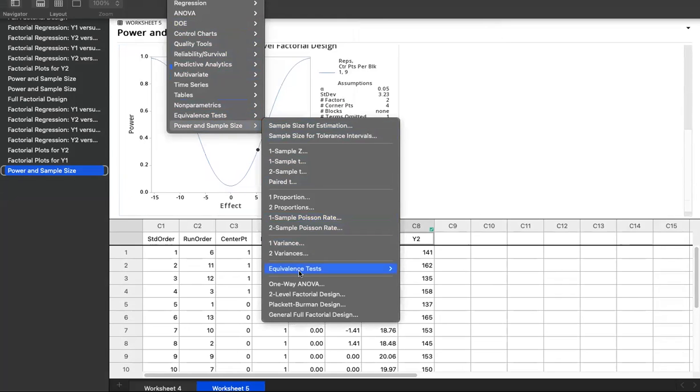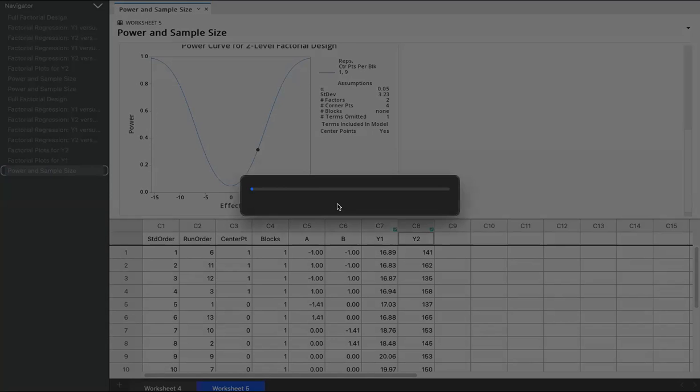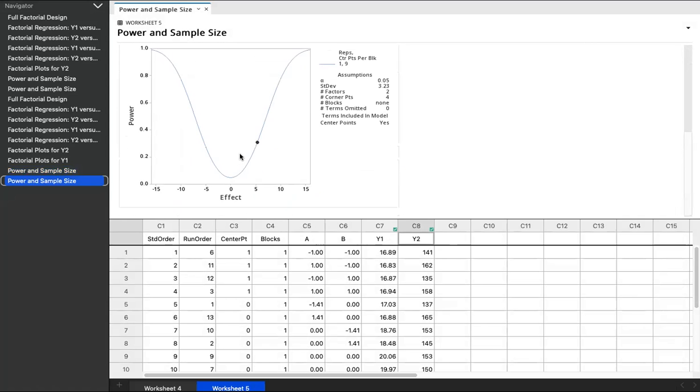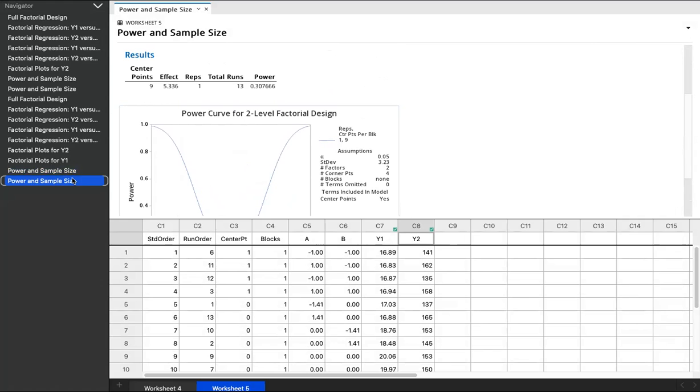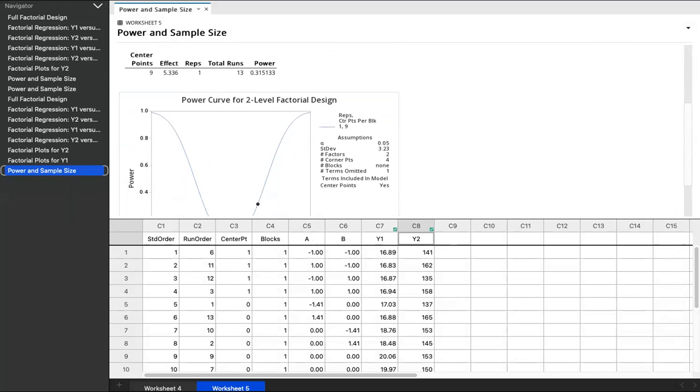Okay, let's go to the two-factor, two corner points. Yeah, this for this. No, I think it is not correct like this. It was correct.